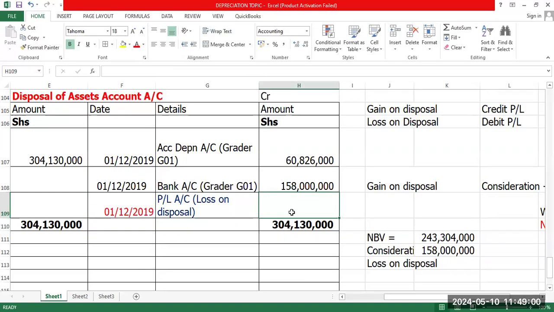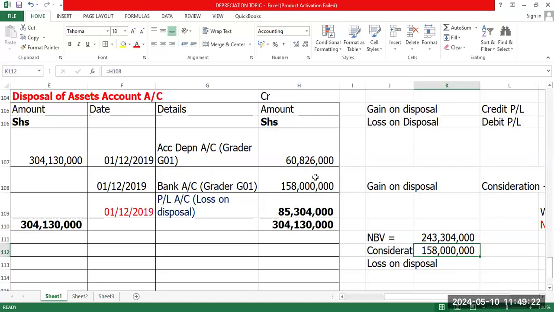So what is the balance? Even if you get this minus the total of this plus this, you get the same. If you get this minus this, you get this.